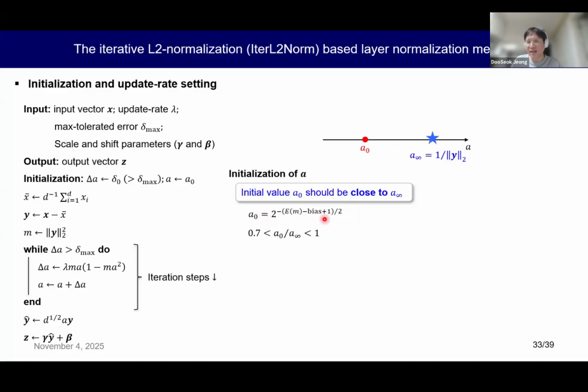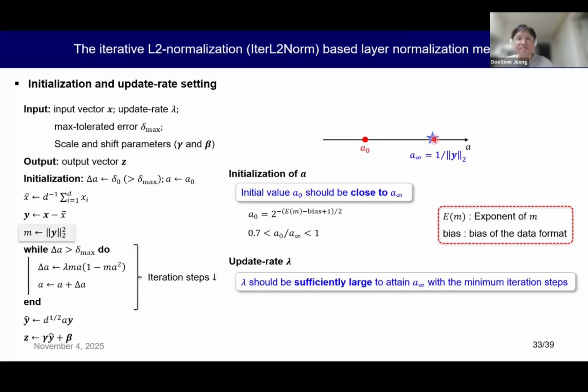So you can take the inverse exponent of the square of this y, and use that a naught as an initial point. Then if you do so, you can reach the steady state point within just 3 steps or something, which is good.